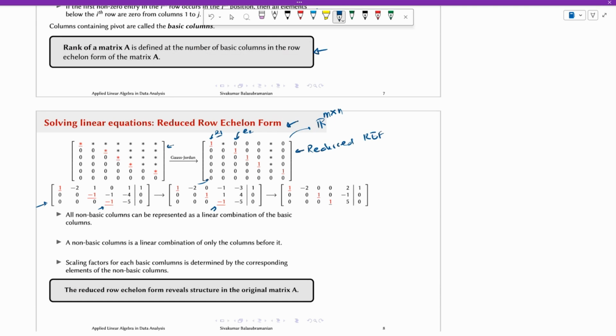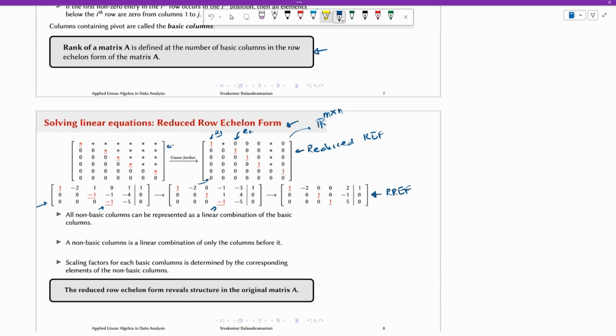So you multiply this by -1, and then make everything above that 0. And then after you do that, you go here, you multiply this by -1, make everything above that 0. And here it's already 1, so you don't have to do anything. Once you do that, you get it to this form. Right? The basic columns are all unit vectors. And this is, for the matrix A that we saw earlier, the reduced row echelon form. Okay? And the reduced row echelon form is actually quite nice.